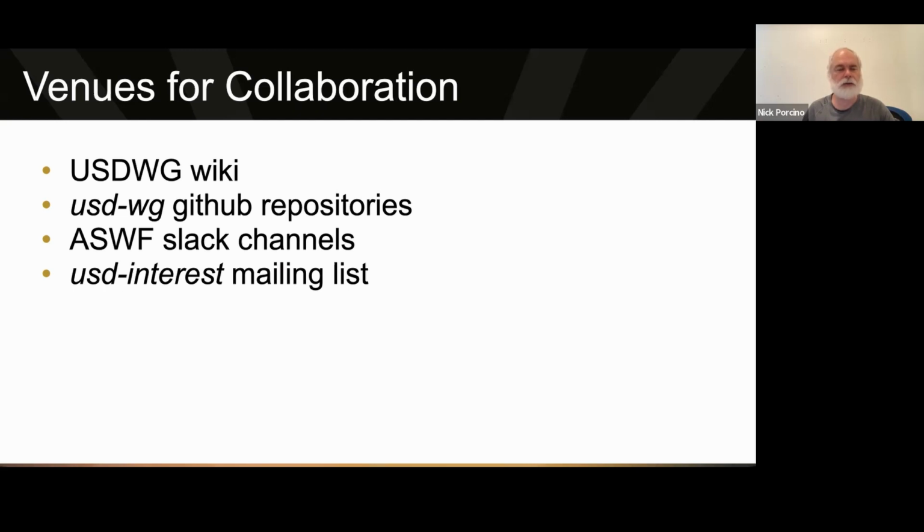I'd also like to call out that the USD interest mailing list is a very complementary forum for the kinds of discussions that are going on in this working group. The Slack channel is a great place to have real-time conversations with fast response on short topics. The USD interest mailing list is a great place to have an in-depth discussion, with possibly canonical code examples and solutions that you can search for particular answers in the future for the long term.